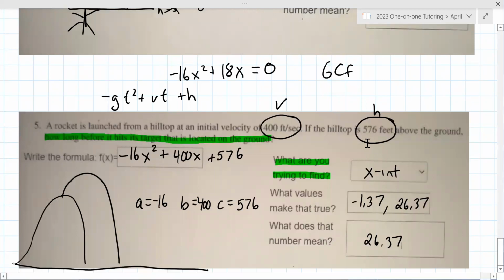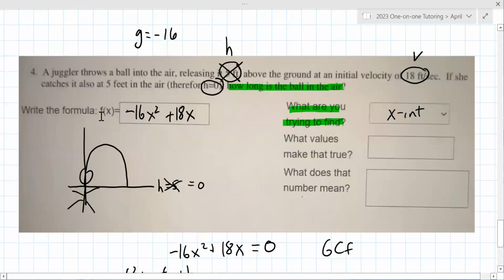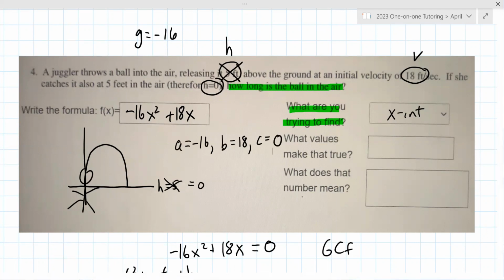Okay, so we'll just scroll back up quickly to number 4 here. You can use GCF. You could also type in A equals -16, B equals 18, but C this time is 0 for the previous problem because there's nothing being added to it. If you don't change C, like if you forget to edit it because you're moving back and forth, you'll get an answer that you don't expect.